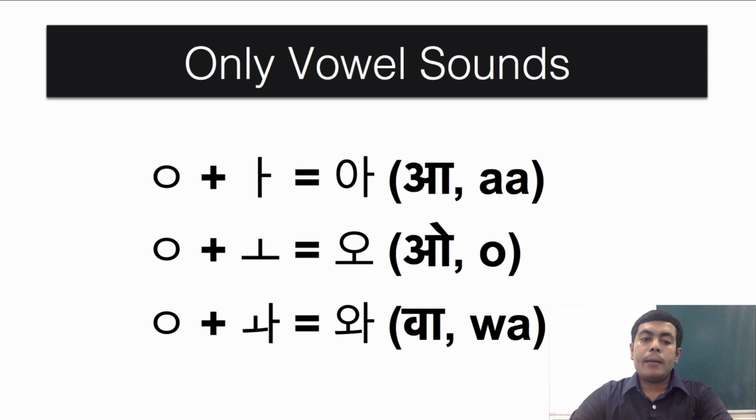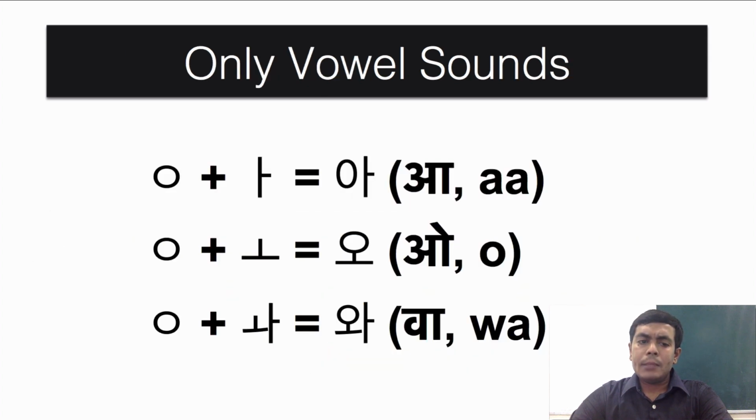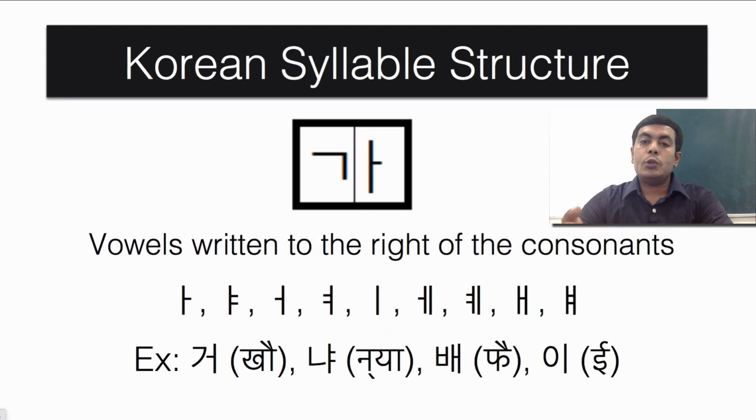So now let's have a look at, you must have noticed that in some places the vowel is coming to the right of the consonant, in some places it's coming below it. In some cases it's coming both to the right as well as below it. So there are three ways to write consonants and vowels together in a block.